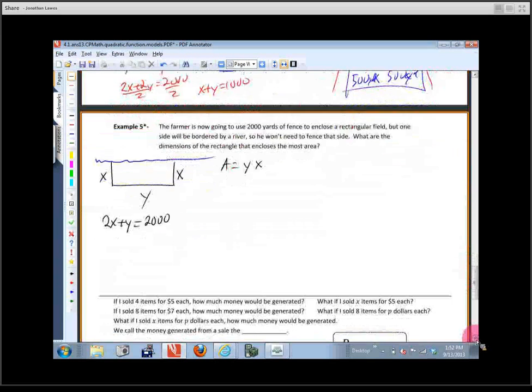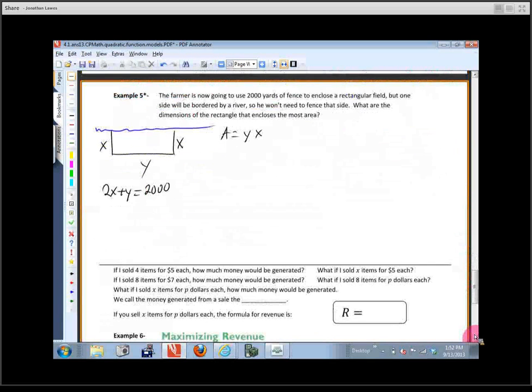So there's our equation. And what variable do we want to solve this for? We want to solve it for y. So I'm going to move that to the other side. So it's going to be 2,000 minus 2x. Now, take a little bit of thought right here. Think about what this is saying.